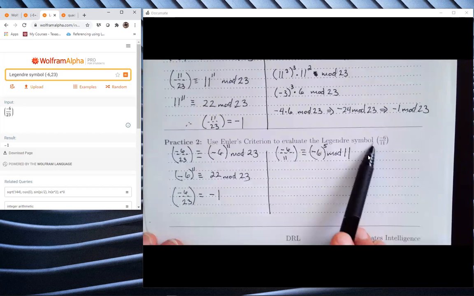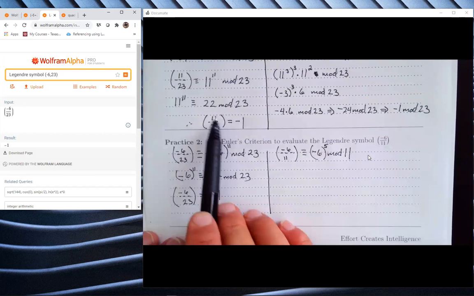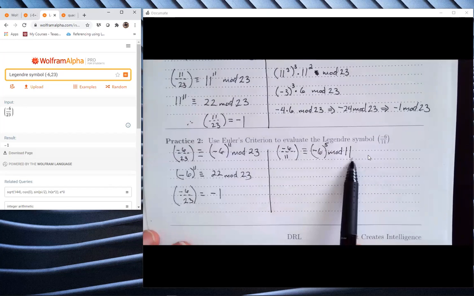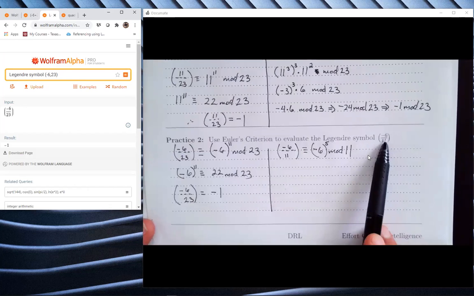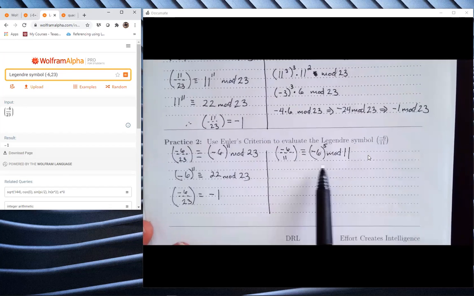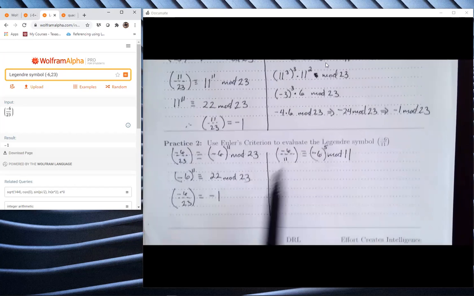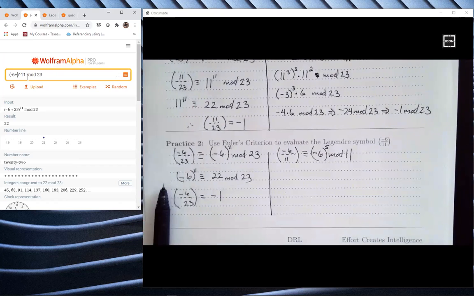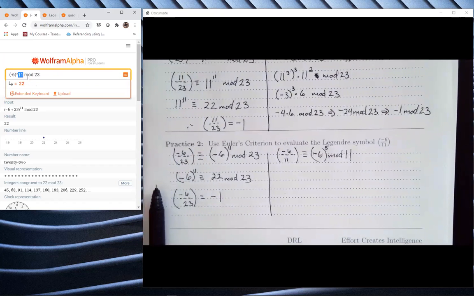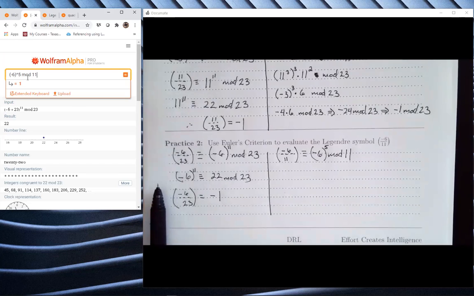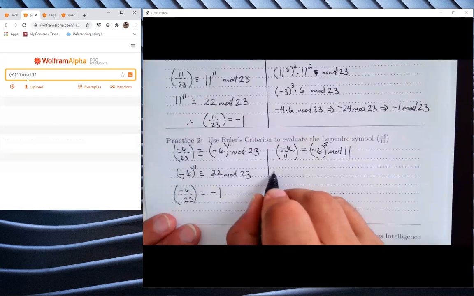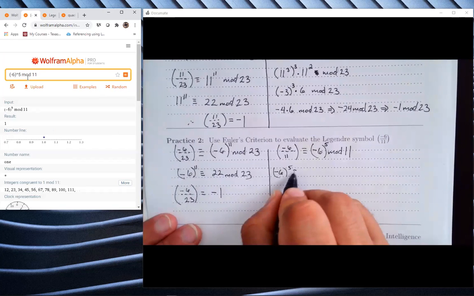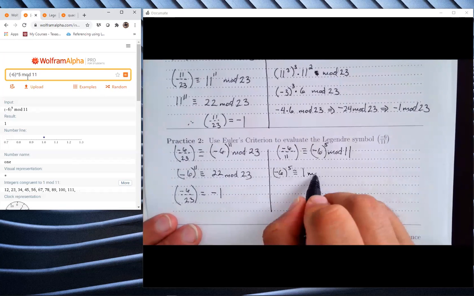I was reading the 23 here, but really it should have been modulo 11. And 11 is a prime number, and 11 is not a divisor of -6. So we raise -6 to the 5th power mod 11, and that is equivalent to 1 mod 11.